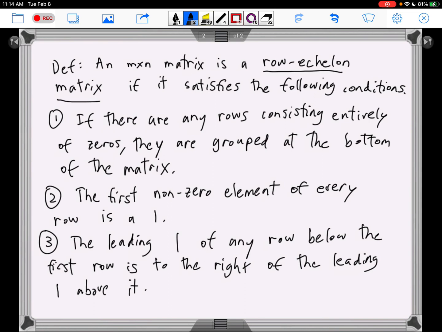So these are the 3 conditions. All 3 of these conditions must be met, and if they are, then a matrix is called row echelon.